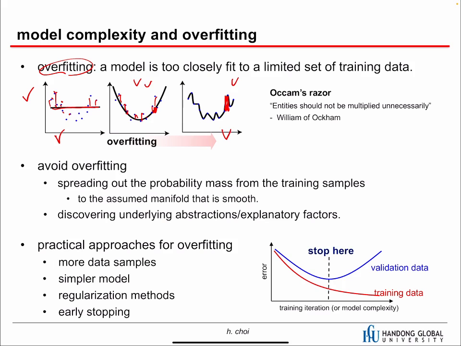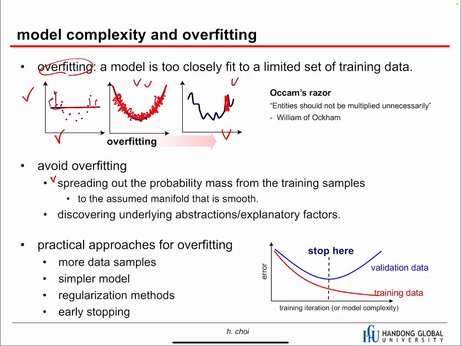So what is a good feature of the model to avoid overfitting? First, we can spread out the probability mass from the training samples. Instead of having just a few samples, if we spread out the probability of the samples, then we can see this smooth curve.